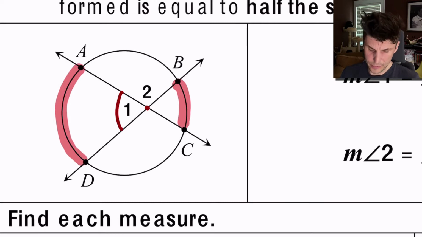So it's like angle 1 and its vertical angle there, right? They're both the same measurement, so they both have their own respective arcs. Both those arcs are different measurements though, right? So the relationship is that angle 1 is the average, half of the sum, of those two arcs.